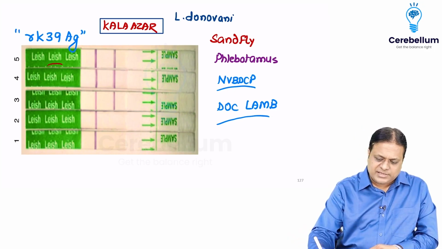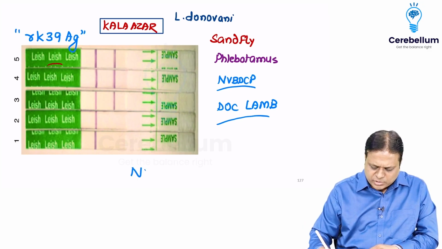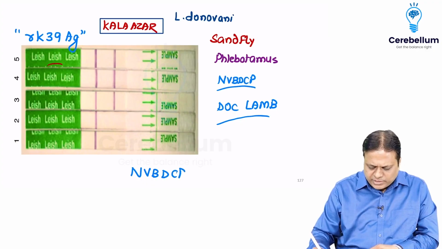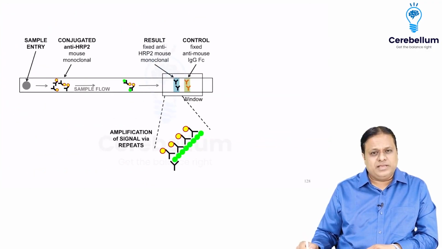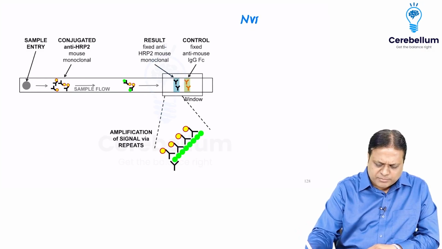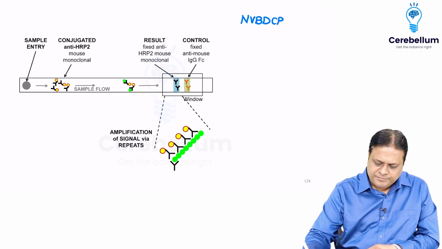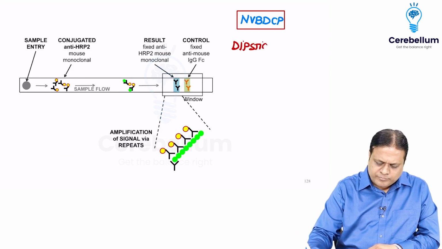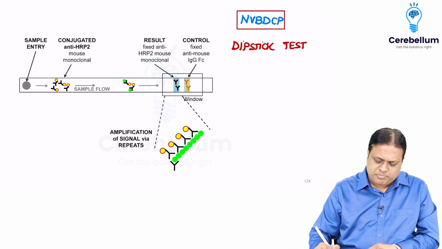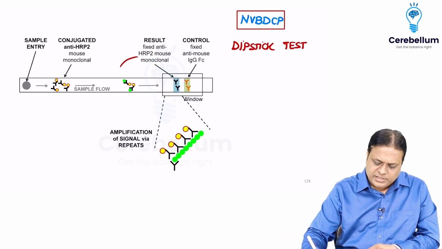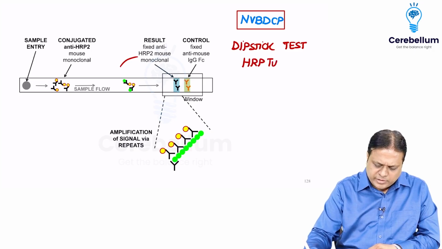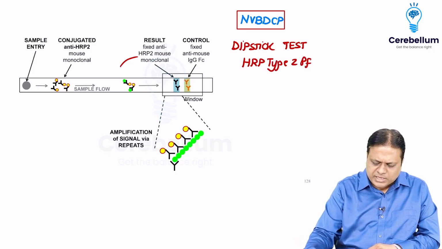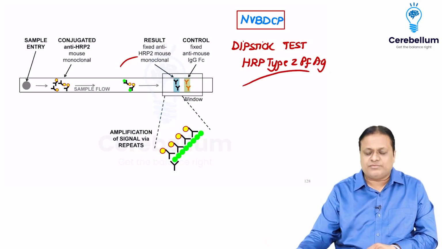When we look at this National Vector-Borne Disease Control Program, the commonest vector-borne disease we discussed is malaria. So, under the National Vector-Borne Disease Control Program, for the disease malaria, we have a dipstick test for diagnosis besides peripheral blood smear, which is based on histidine rich protein type 2 of Plasmodium falciparum antigen for diagnosis.